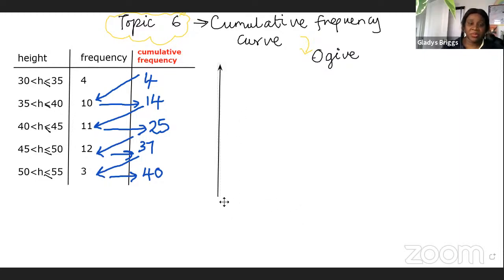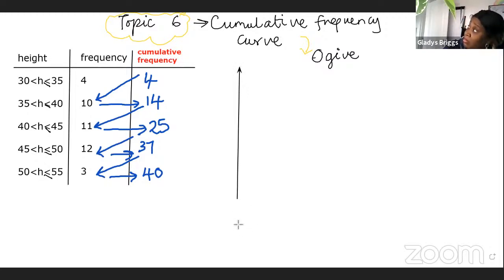Okay, X-axis, you draw it with your pencil, and your y-axis, and you label them, okay?